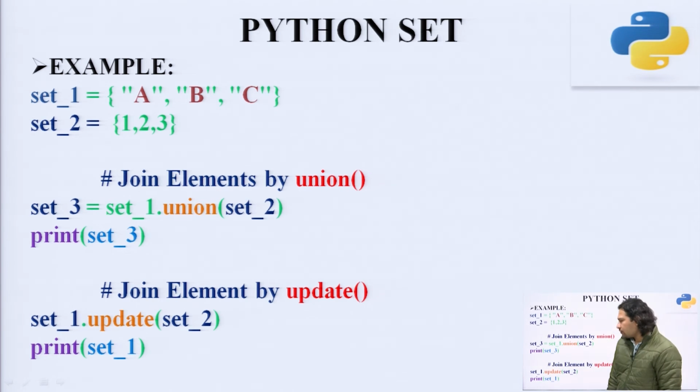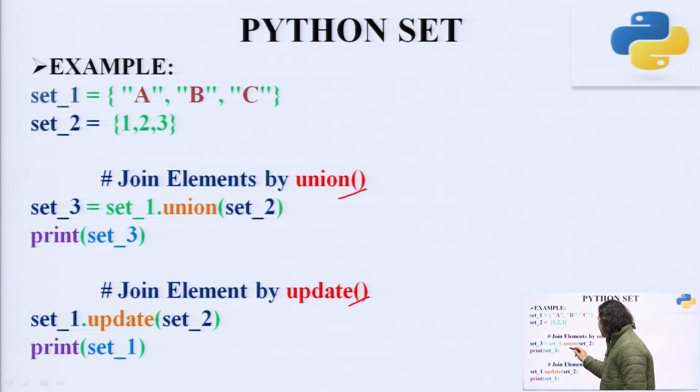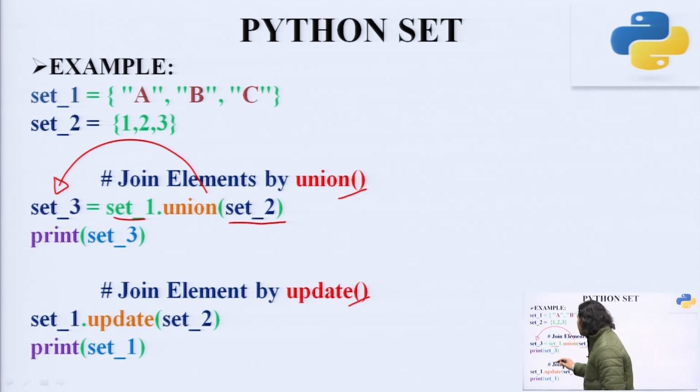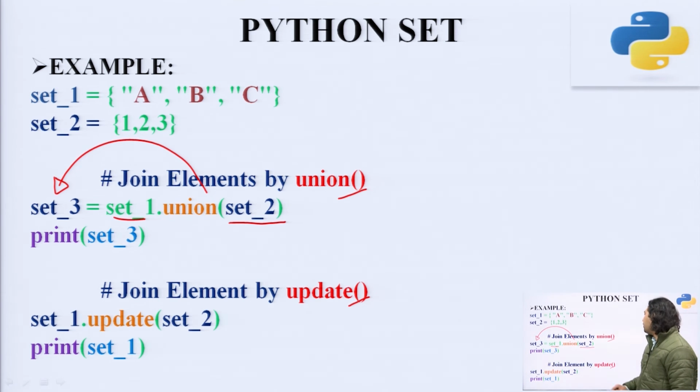The next thing is we have some methods like the union and the update method. In the union method and the update method, here you can see that in union we are making the union between set 1 and set 2, and the information is stored in a third variable as set 3. But what is happening in the update?